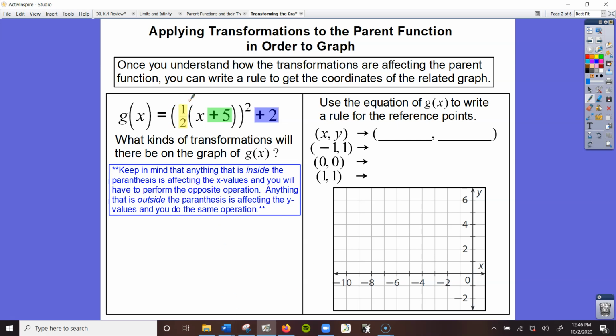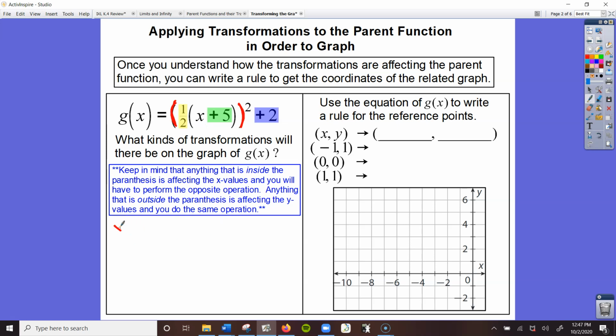We have 1/2(x + 5) squared + 2. Now, when we're figuring out our transformations, if we have double parentheses, you look at the outermost parentheses, and everything inside of that are your transformations that are affecting the x's. The dilations and reflections that occur to the x's are always written outside of a parentheses because that indicates that we are first doing the dilation and reflection, and then we'll follow that up with the translation.